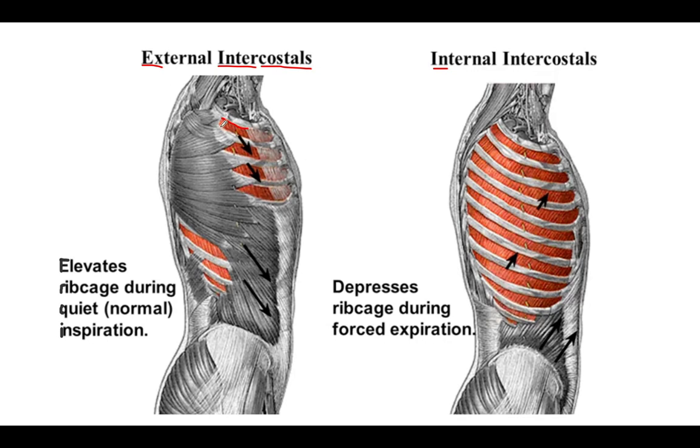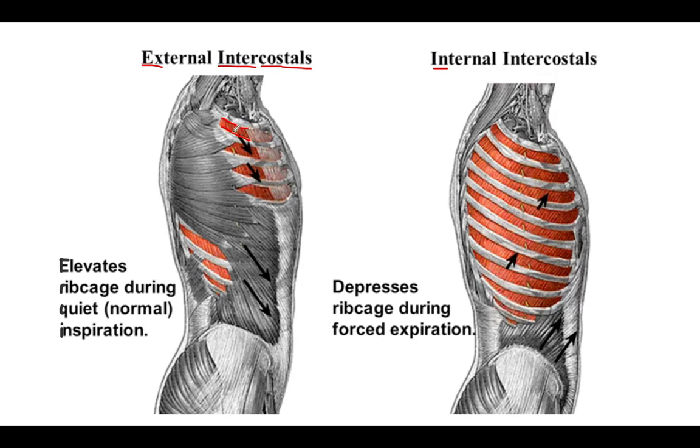That means, and especially because it's moving superior to inferior, the insertion is going to be on the superior border of rib 2. So the inferior border of the top rib and the superior border of the bottom rib. All right. So it's originating here superiorly and inserting down here on that inferior rib.